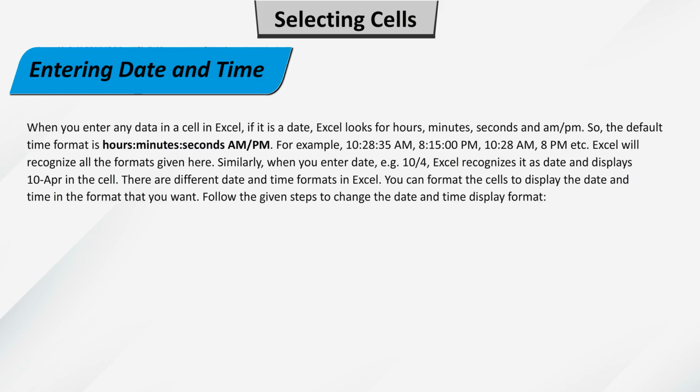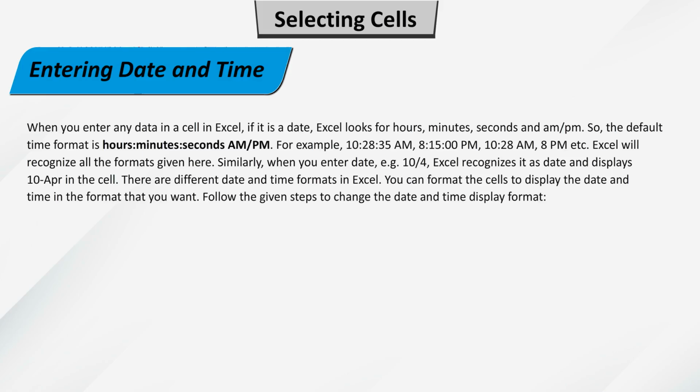For example, 10:28:35 AM, 8:15 PM, 10:28 AM, 8 PM, etc. Excel will recognize all the formats given here. Similarly, when you enter a date, for example, 10:4, Excel recognizes it as a date and displays 10 April in the cell.